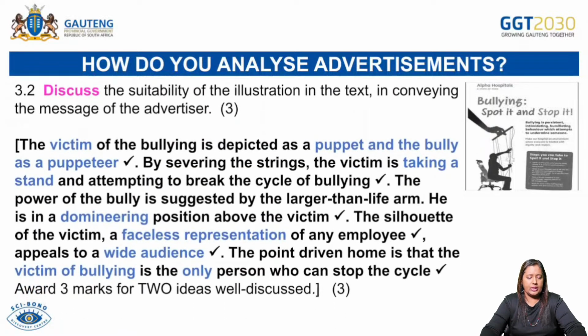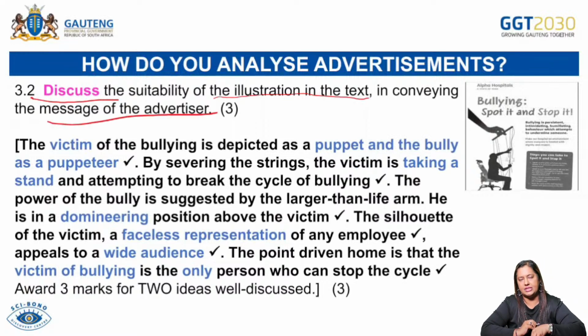Okay, second question, discuss the suitability of the illustration in the text in conveying the message of the advertiser. So there's 3 aspects here. Firstly, we want a discussion on what? Whether the illustration in the text is suitable or not in relation to the message of the advertiser.